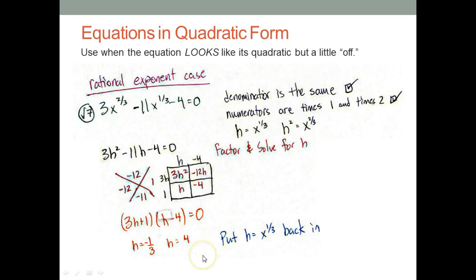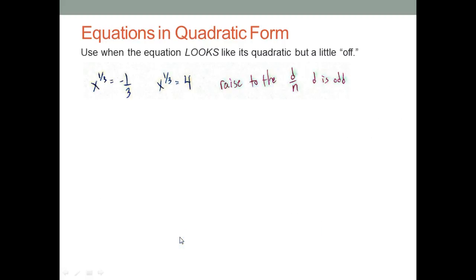So I'm going to go to another slide, but when I put x to the 1/3 back in for h, you see what I've done here, and I know I have to raise to the d over n, and d is odd, so I don't have to worry about plus or minus. And here's how I get my answers.